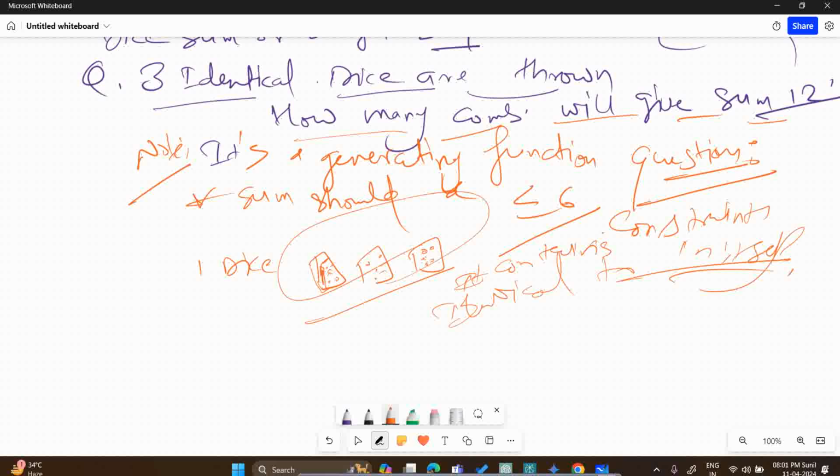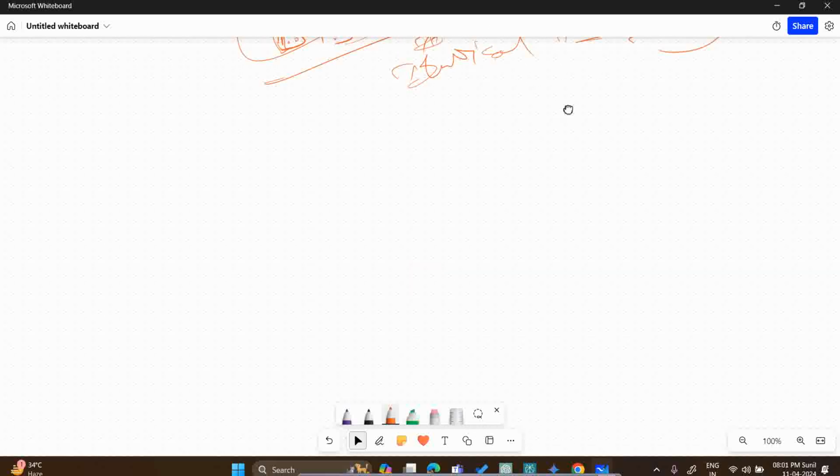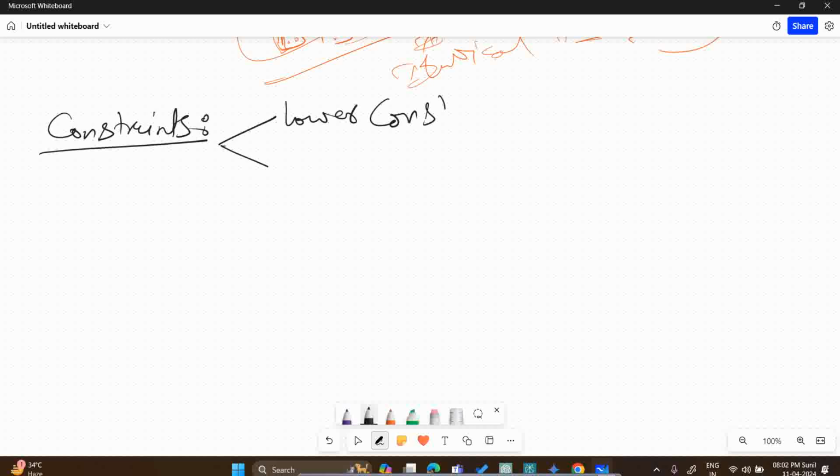Now we are going to discuss some concepts regarding this. Right? So this concept is constraints. What are constraints? We have two types of constraints. One is lower constraints. Constraint means conditions, and we have upper constraints.